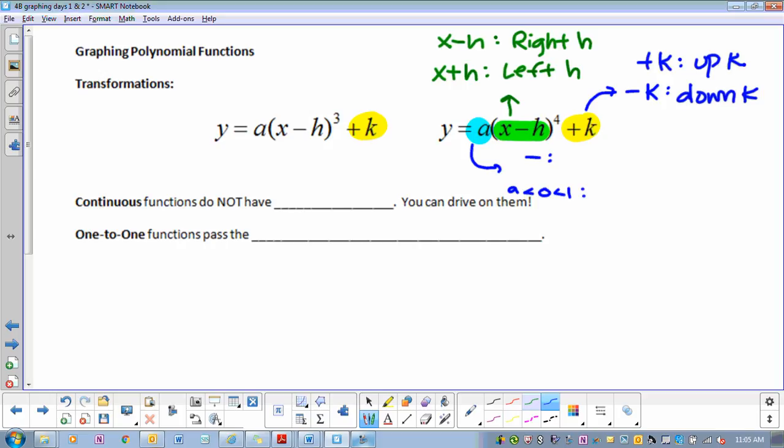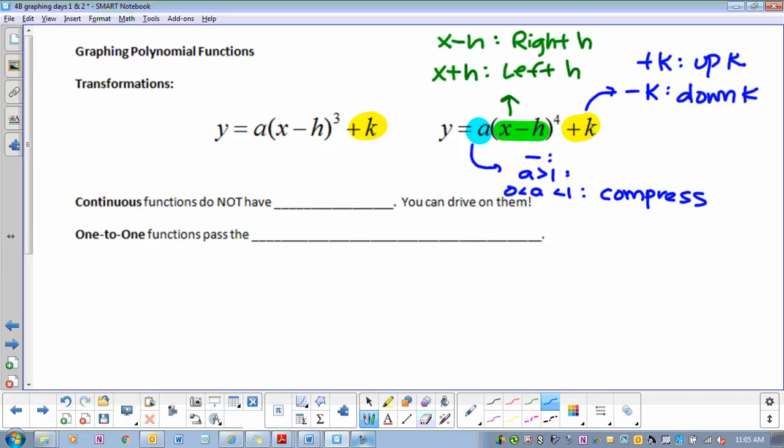Oops, no, gotta flip it. Sorry. If that number is between 0 and 1, so like 1/2, 1/3, 1/4, then that compresses, just like Kevin said. What about if that number is bigger than 1, like 3 or 2?